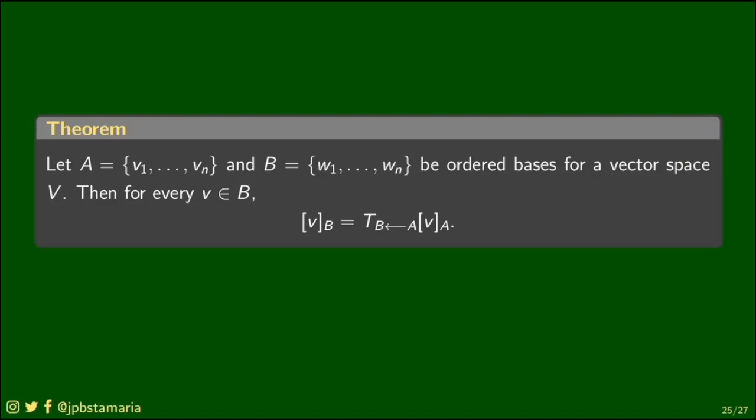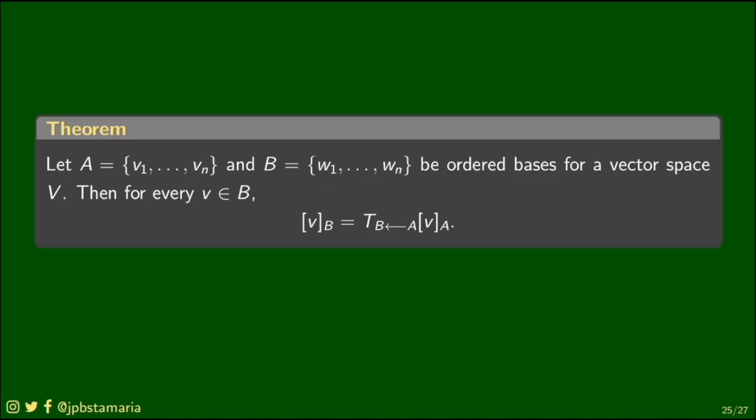The transition matrix allows us to transform the old coordinates to the new ones, or connects the old coordinates to the new ones. So here is the theorem. Here A consists of V's, B consists of W's.